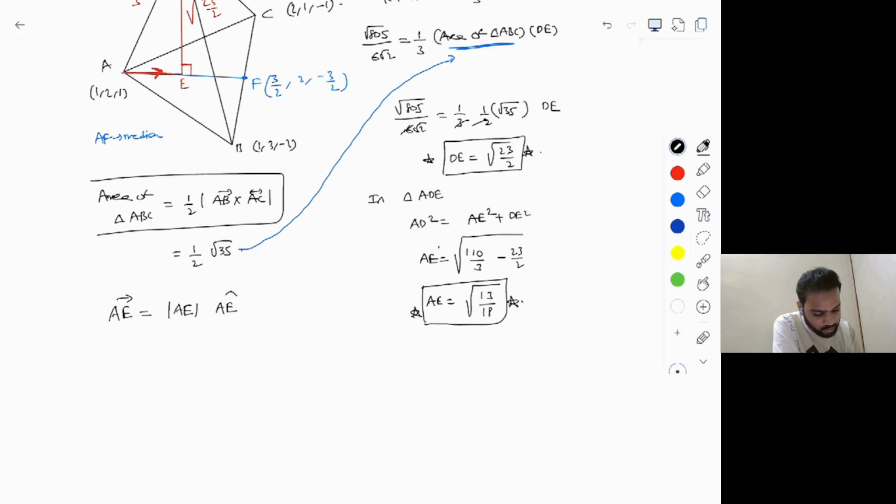But what I'll say is this AE cap is also the same as AF cap, because AE cap and AF cap both are unit vectors, and also they are along the same direction. Obviously, they will be the same. So this length of AE is nothing but square root of 13 divided by 8 multiplied by AE cap. You have to calculate, as I told, AE cap is also the same as AF cap here.